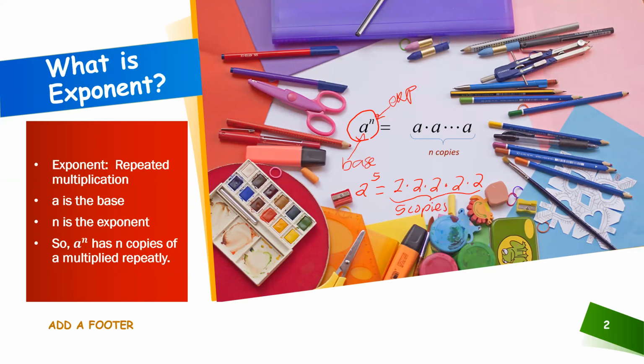So what is an exponent? Exponent is repeated multiplication. We have a base and an exponent. Be sure when working with exponents to think, what is my base and what's the exponent that goes on top of that?